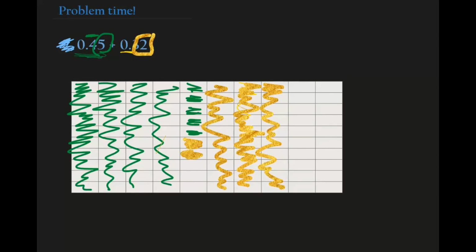Now I'm going to count. This time I'm going to use purple to count.